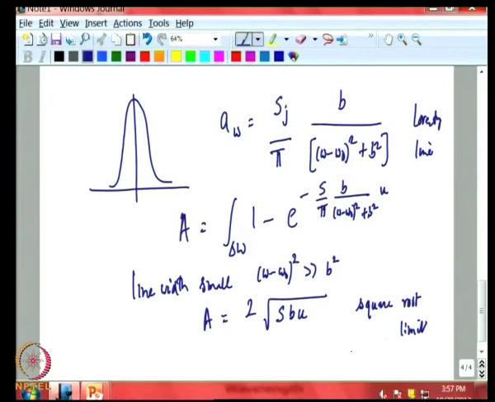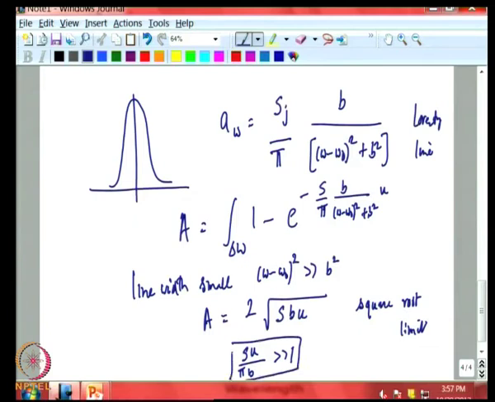So, if there is a single line in the band and the line width is very, very small, then you get a result which shows that. So, the condition for this is S u by b is much greater than 1.